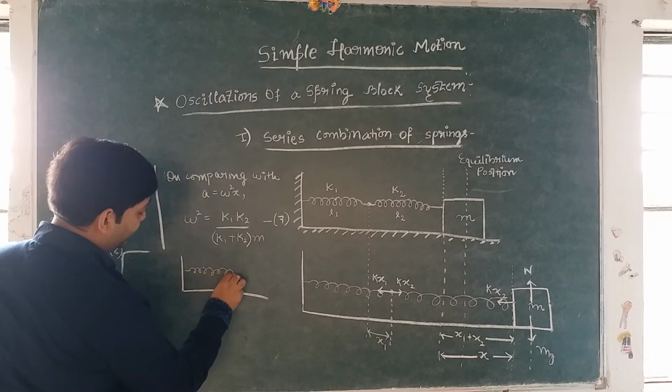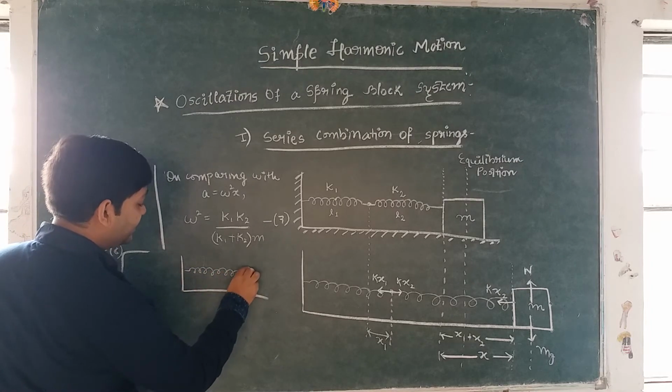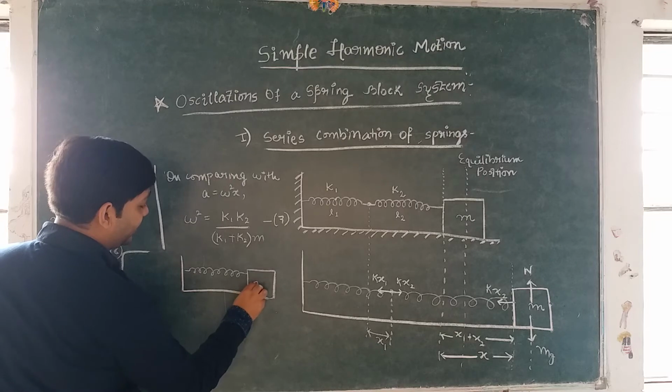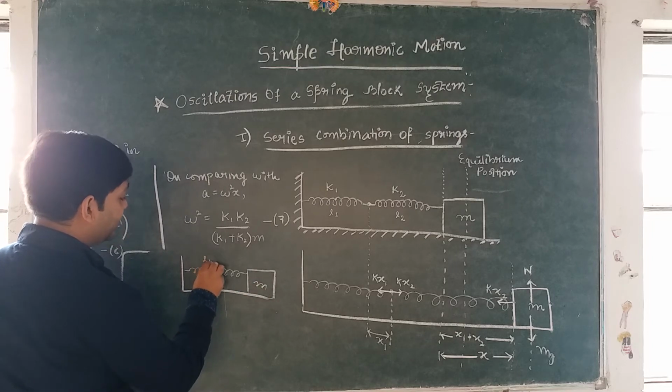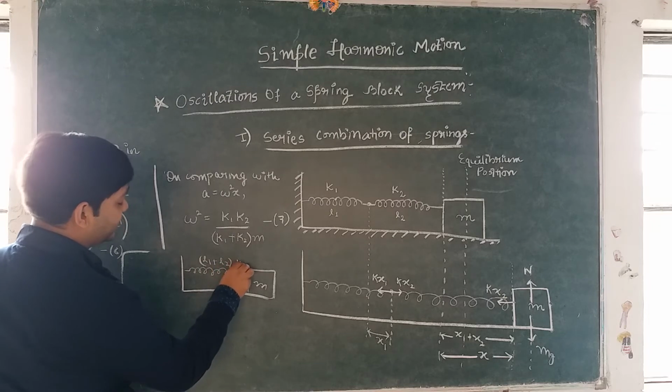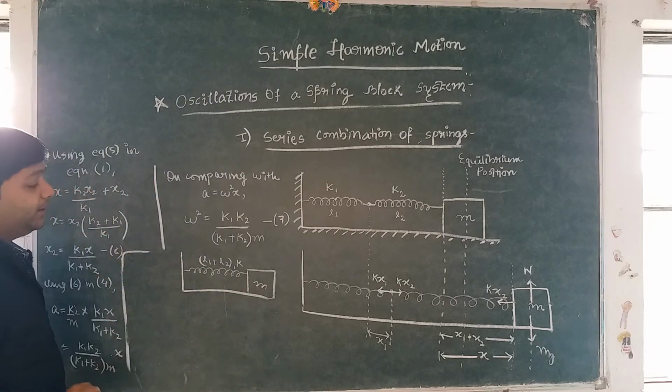This is an equivalent spring of length L1 plus L2, and there will be a block of mass M attached to it. This is L1 plus L2 and its spring constant is K, right?